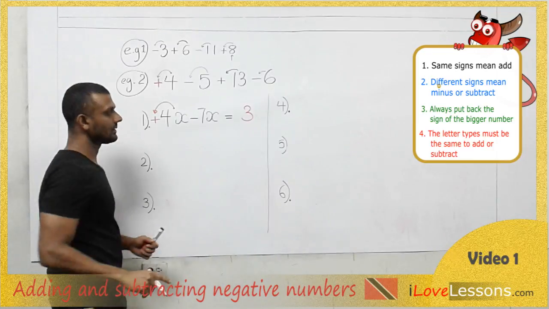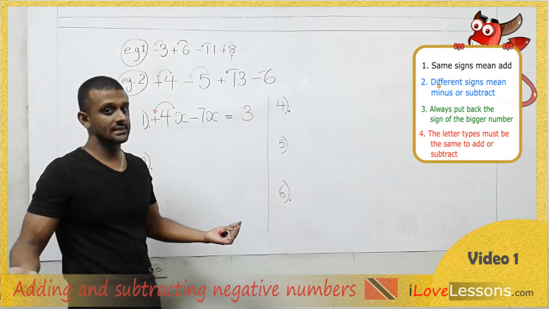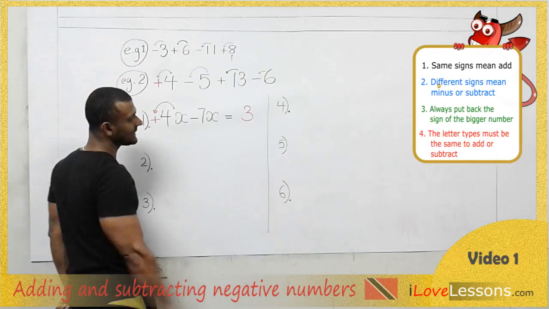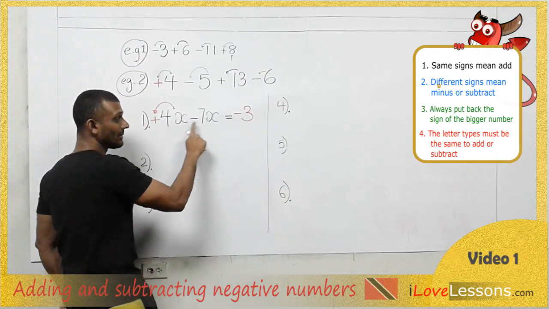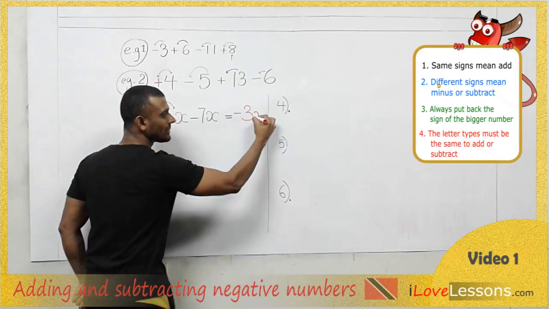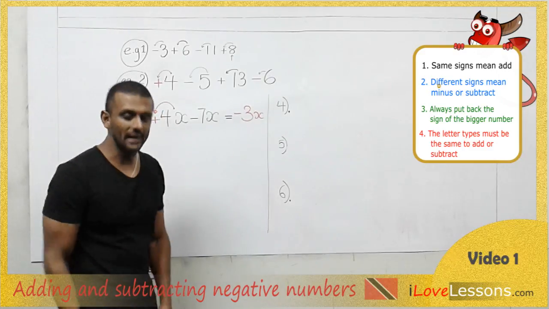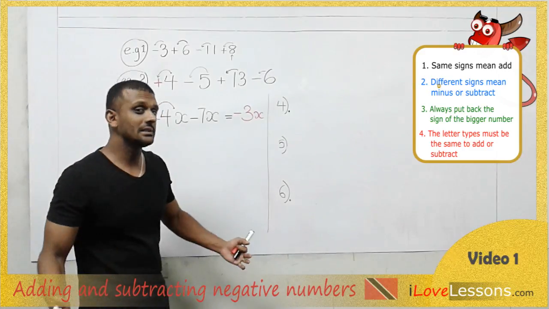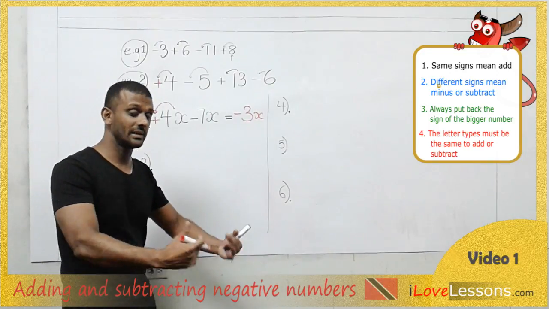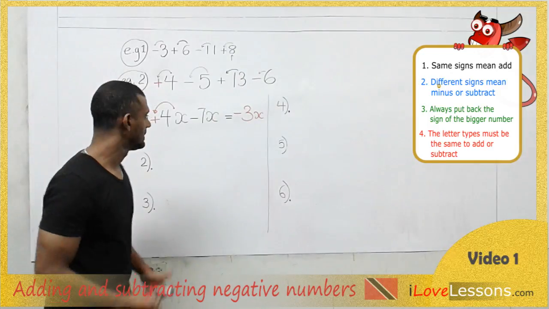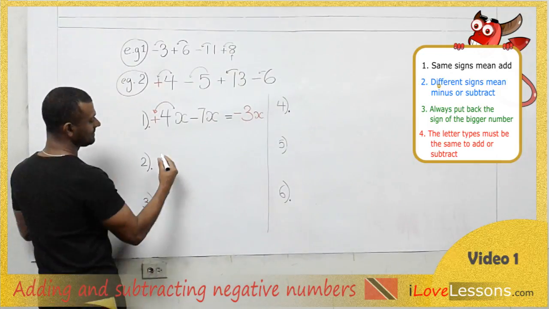Which one is bigger, 4 or 7? 7 is the bigger one. So what sign do we have here? A minus. But we are dealing with x's, so make sure at the end of the question, put back your x. That's the only difference. If letters are involved, you just put back the letter when you finish add or subtract. Let's try this one.